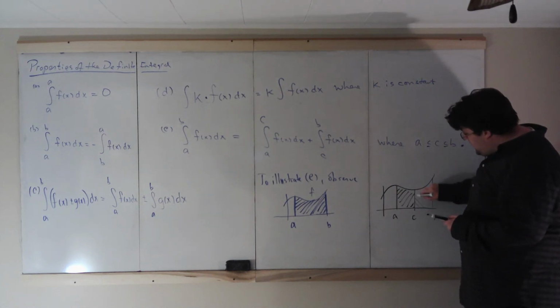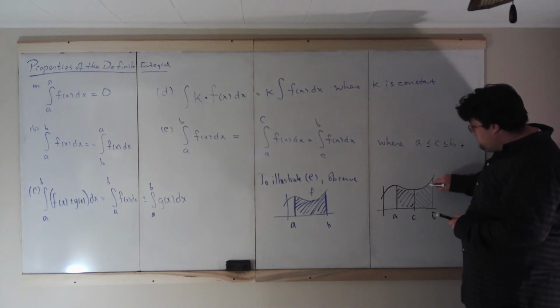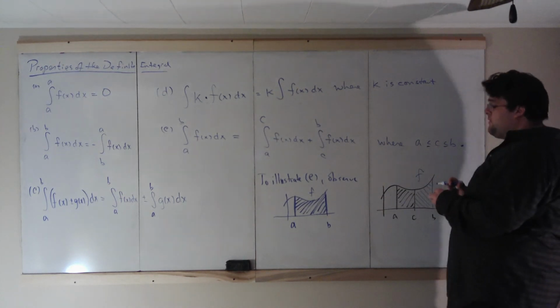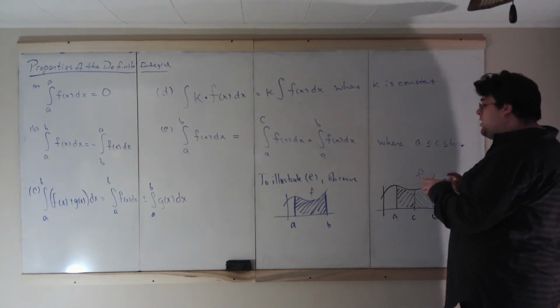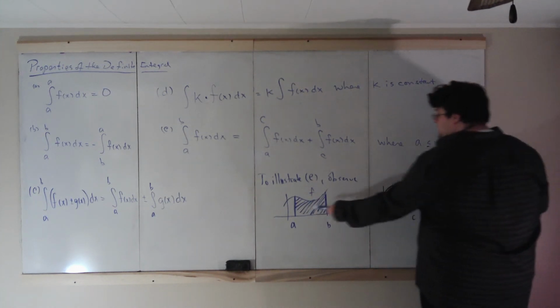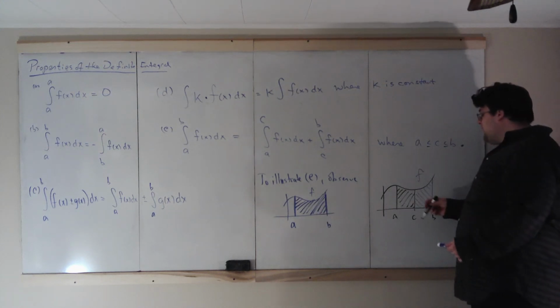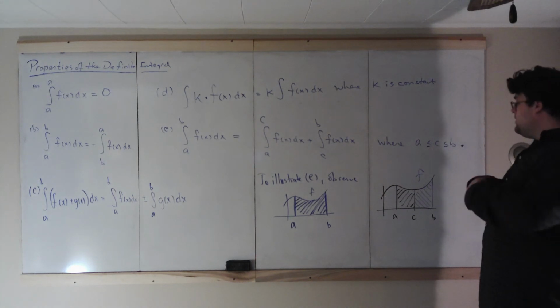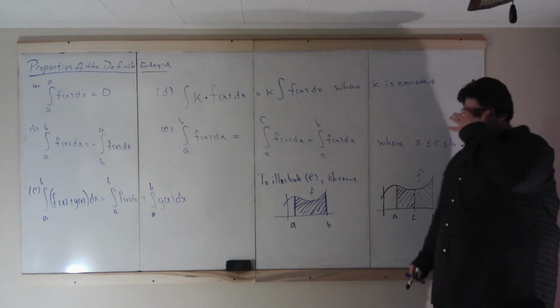The integral from c to b is that area. So this fifth one is just a way of saying you could divide an area into a couple pieces if you want. So the integral from a to b, that area, is the same as this area plus that area, and it'll work the same way if you have things above or below the x-axis.